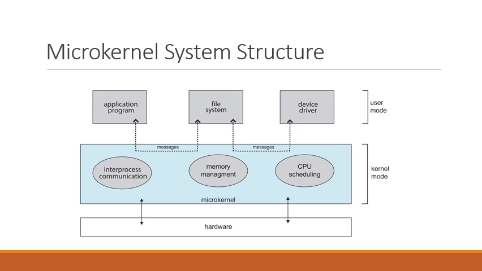These have been implemented in the user space, and so are the application programs. These modules can communicate with one another using messages. The inter-process communication module facilitates these messages between various modules, like between application programs and file system, or between file system and the device drivers.